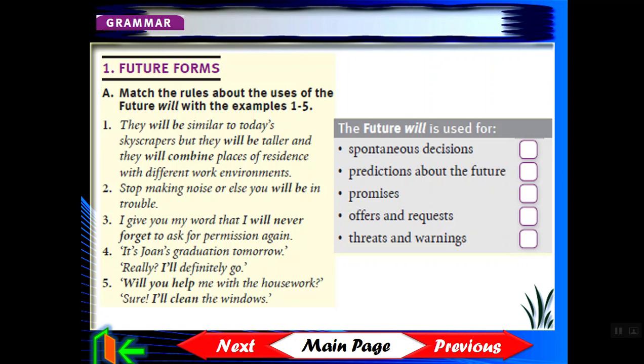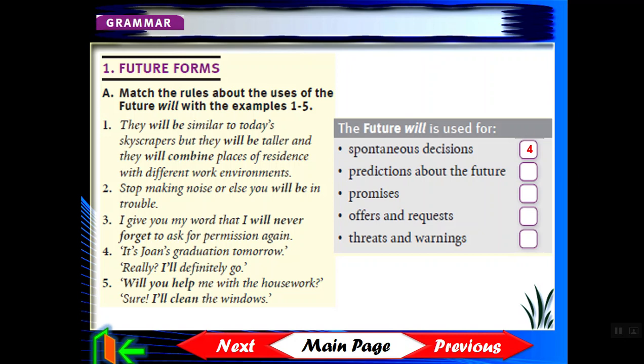So, if you look at the first point, which is spontaneous decisions, what do you think is the قرار لحظي from 1 to 5? If you go back to that, you find the answer is going to be 4. That is a spontaneous decision. And the second point, predictions about the future.